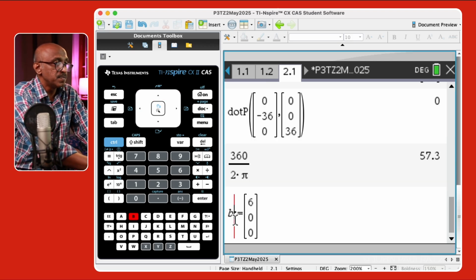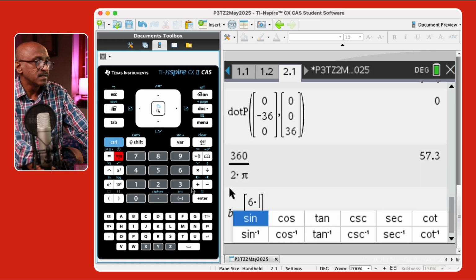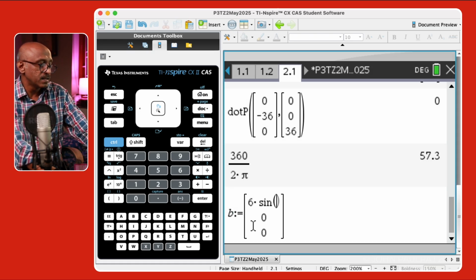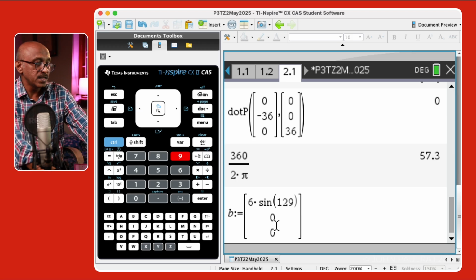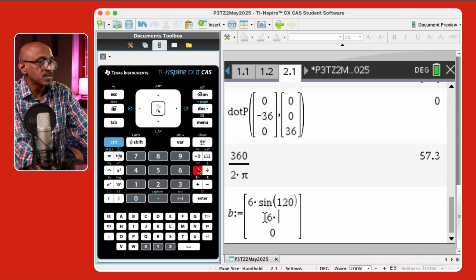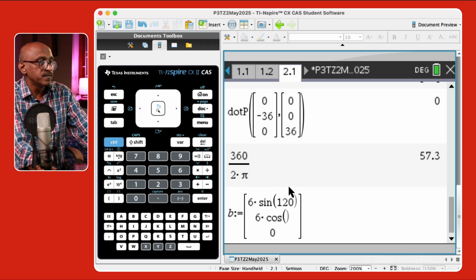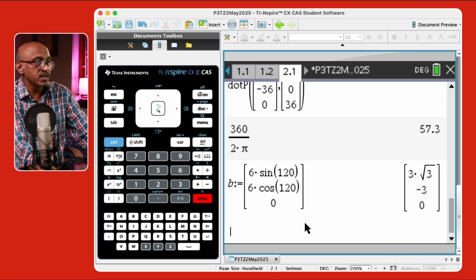B bar is going to be defined as 6 times sine of 120, 6 times cos of 120, and then it's a 0. Okay, got that down.